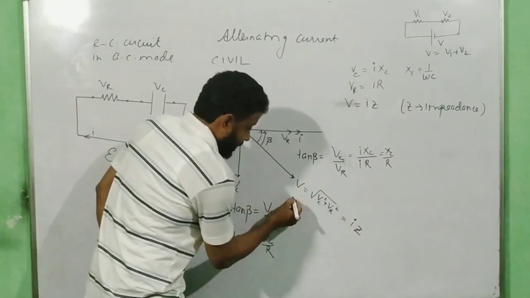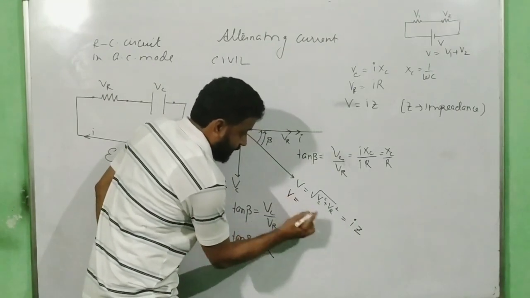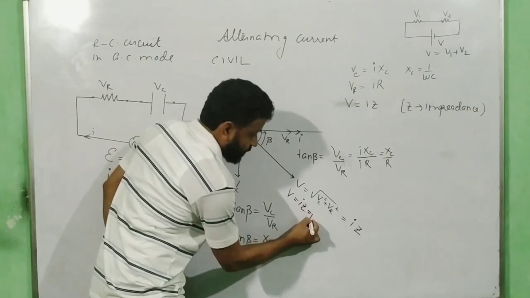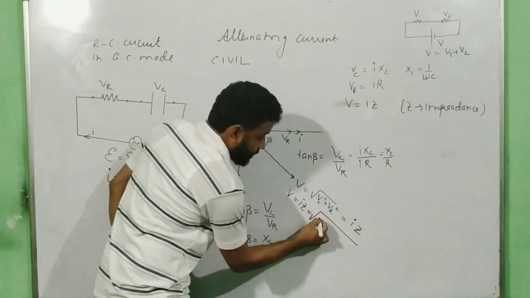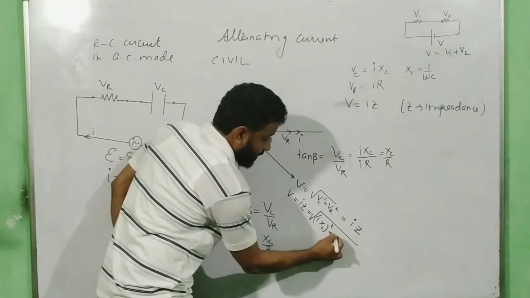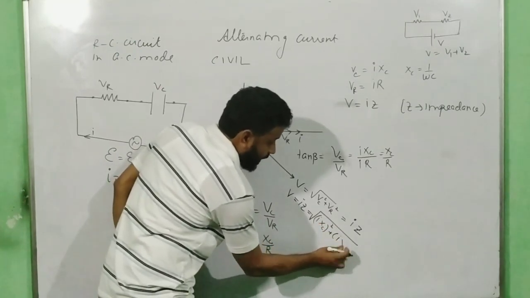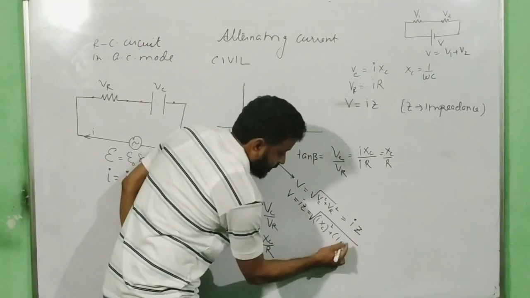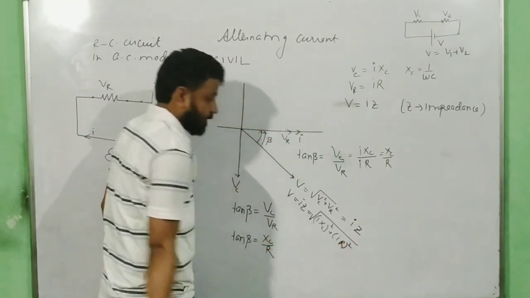Okay. Now look here very carefully. So V equals I times Z will be equal to root over of VC squared plus VR squared. VC I can write as I times XC the whole square plus I times R the whole square. Correct?